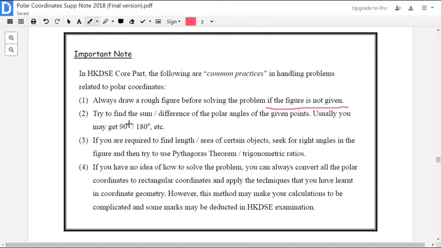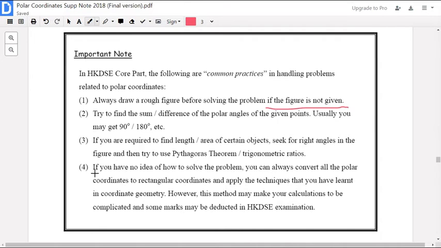Usually, you may get 90 degrees or 180 degrees, etc., in most of the questions that appear in Section A. Now, if you are required to find the length or area of a certain object, always look for a right angle in the figure, and then use Pythagoras' theorem or trigonometric ratios.